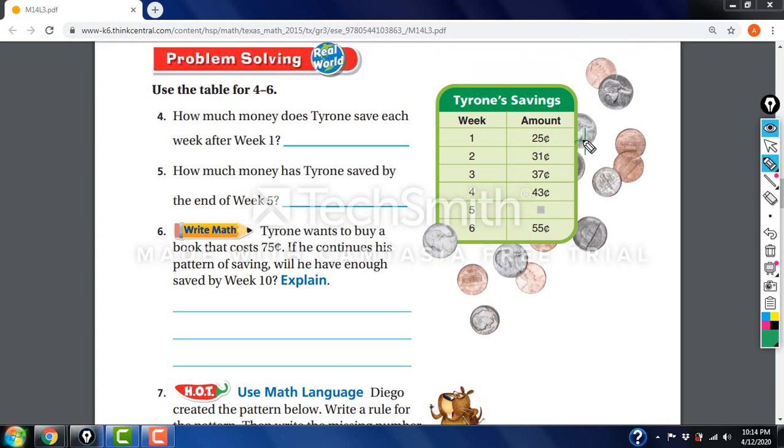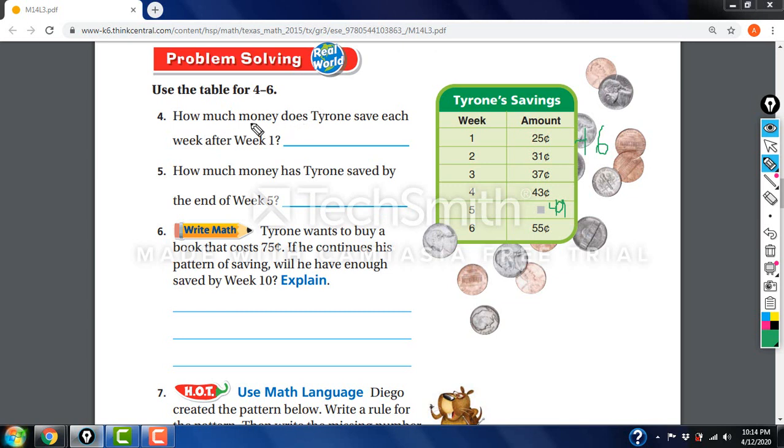Yes, it's plus 6, right? This will make it plus 6. Plus 6 is 37. Plus 6 is 43. Plus 6 here, and I'm going to fill it out because I know this is my pattern. It's 49.